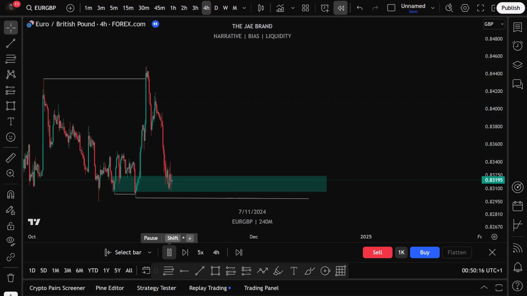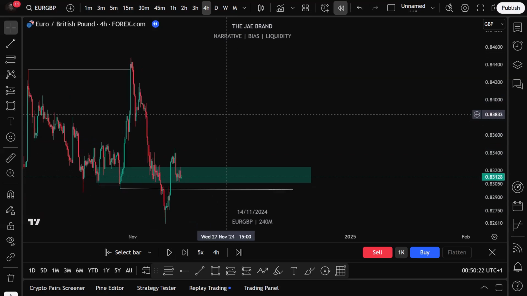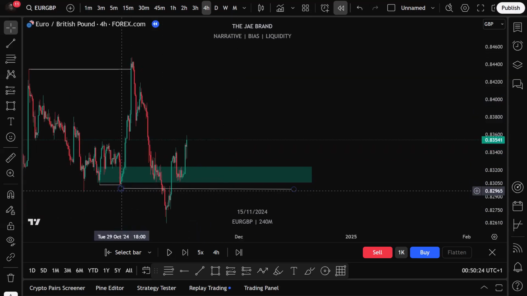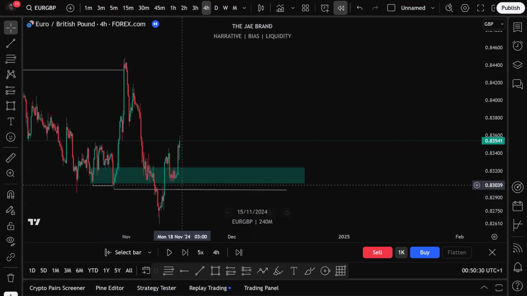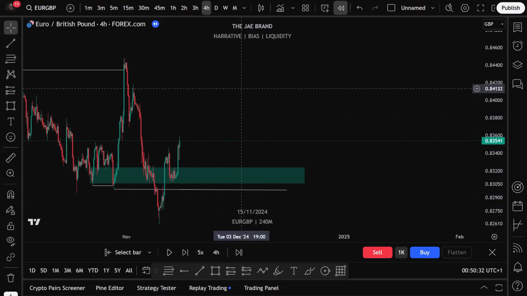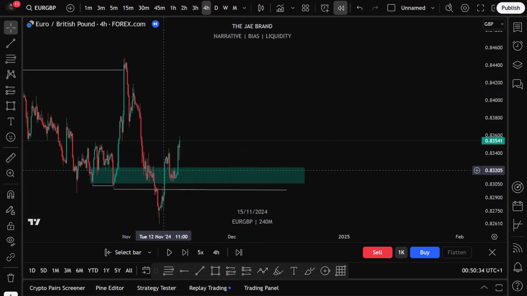Price has mitigated, and you see how price failed. And what will happen next? Once price has taken out the traders here, taken this low, induced this low, price will reclaim the failed order block and expand to the upside.